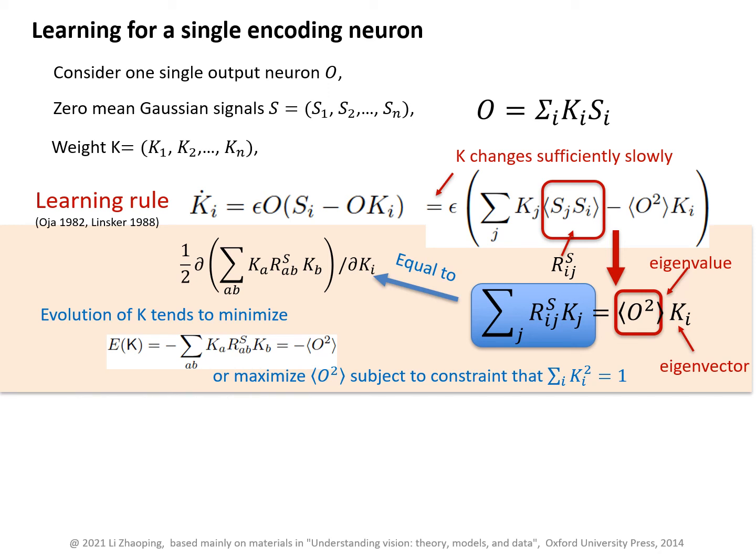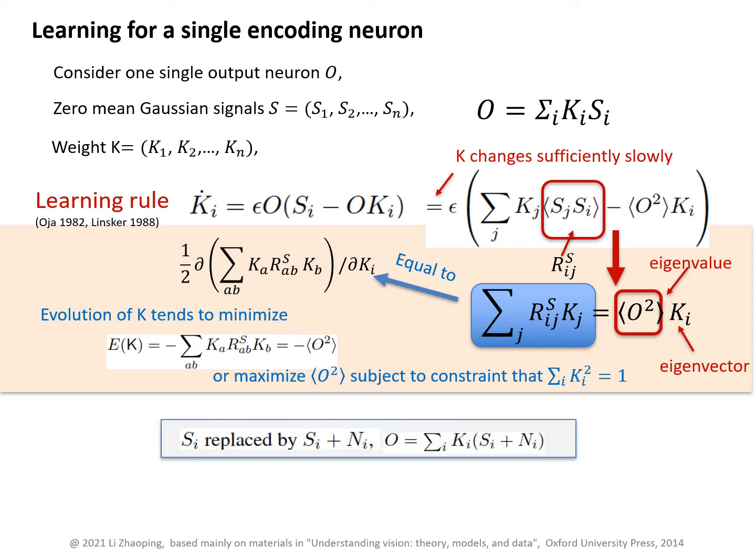We can even include noise so that Si is now corrupted by noise, and O is therefore this one. The noise in different nodes is assumed to be independent of each other and identically distributed Gaussian noise.